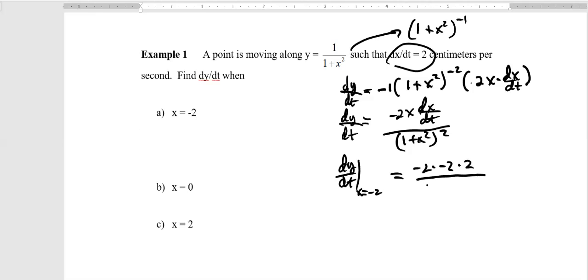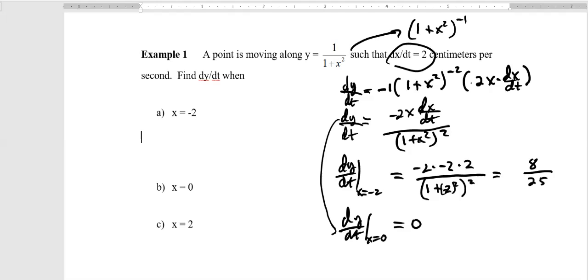And then down here I have 1 plus, well, it's technically a -2 squared, and then that's squared. So that will simplify to 8 over 5 squared, so it's 25. Okay, when x is 0, dy/dt becomes 0. You can see that right away in my function here.